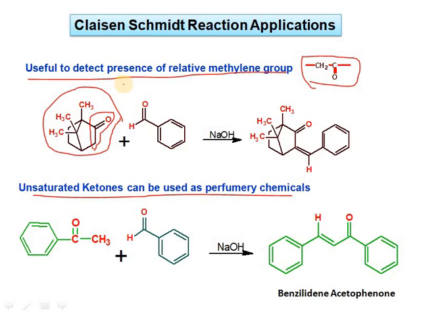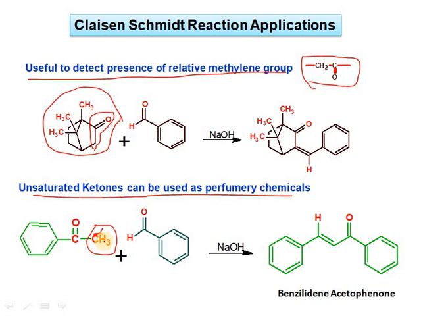The second application is to form unsaturated ketones, which are present in a number of perfumery chemicals. Unsaturated ketones are perfumery chemicals. Here is benzaldehyde, which contains no alpha hydrogen. These are the alpha carbons, so 3 alpha hydrogens are there.